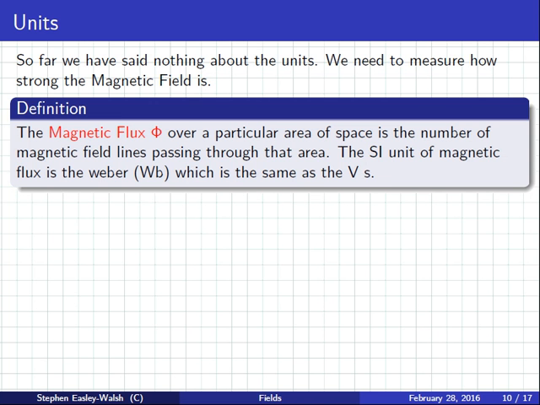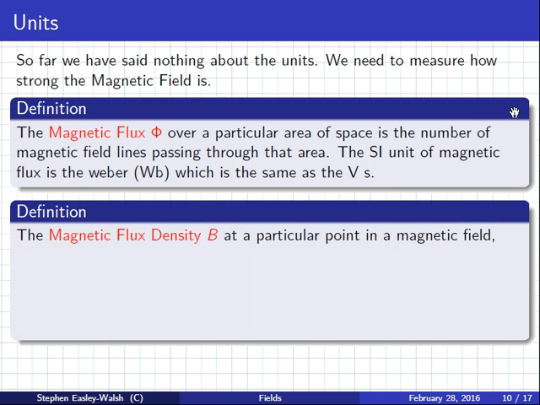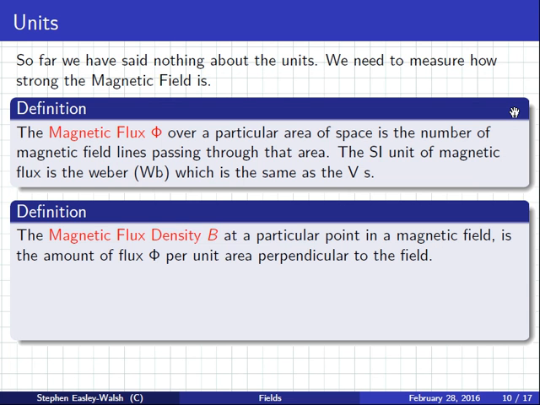Let's have a look at the next definition, which is on the exam. So that was magnetic flux, which is like a measure of how much of a magnetic field there is. And now we have something called the magnetic flux density, which is at a particular point in a magnetic field. It's the amount of flux per unit area perpendicular to the field.